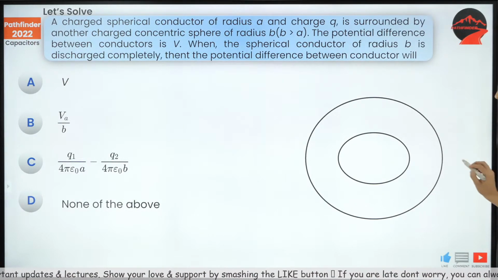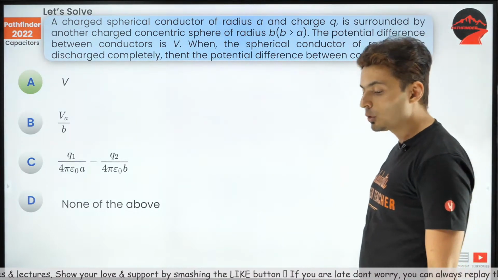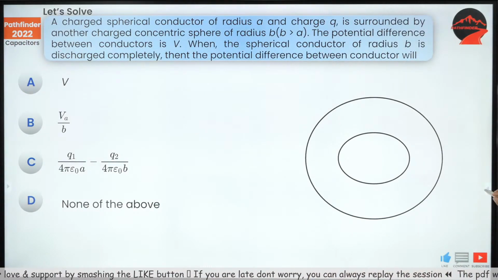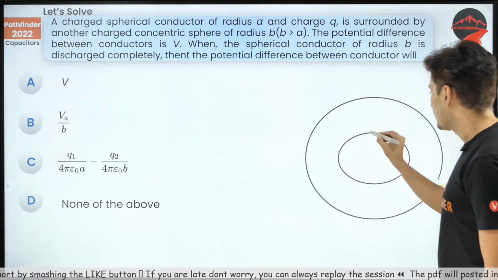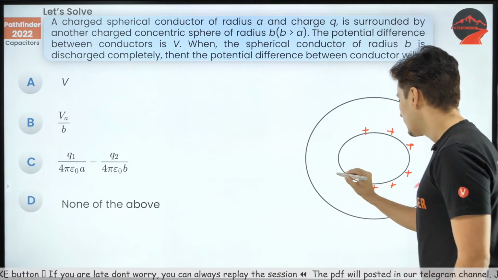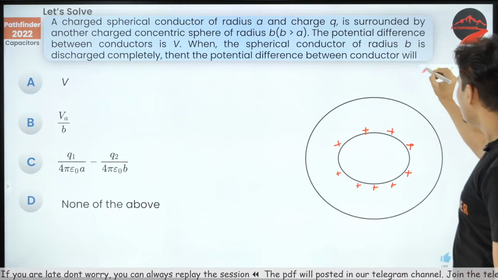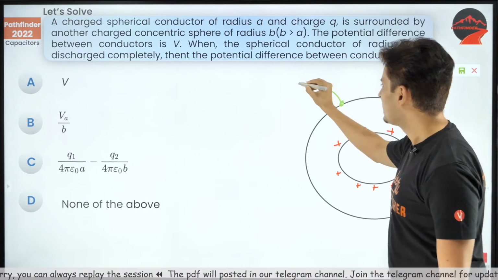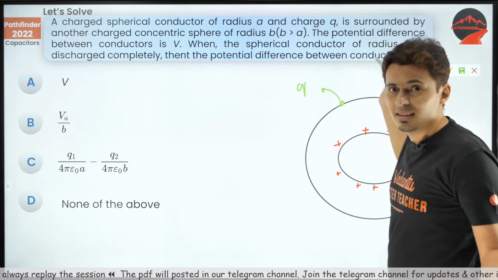Well, the correct answer is actually V only. Now you might be wondering, why is it V? The reason for that is there is some charge over here. Whatever charge might be there on the outside, this Q could be anything, doesn't matter.